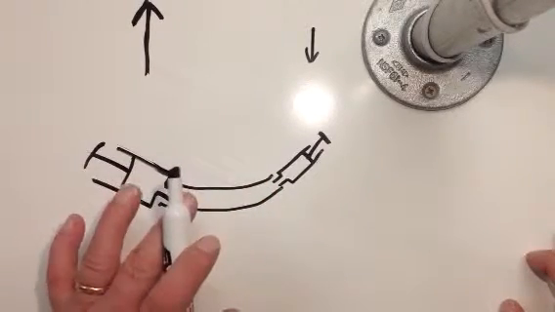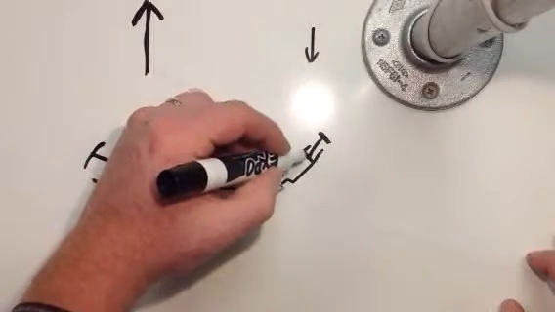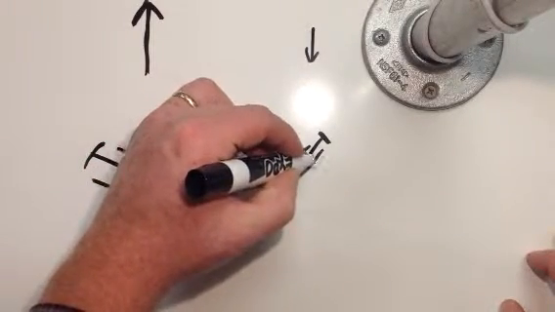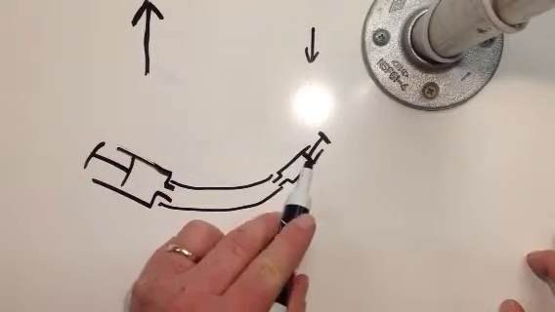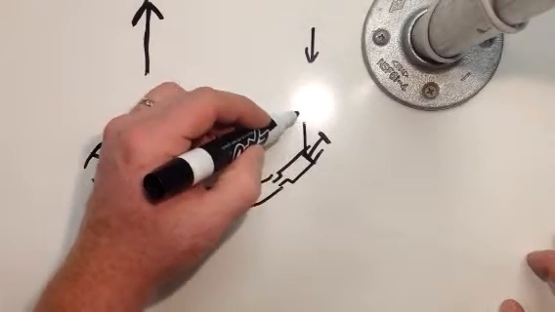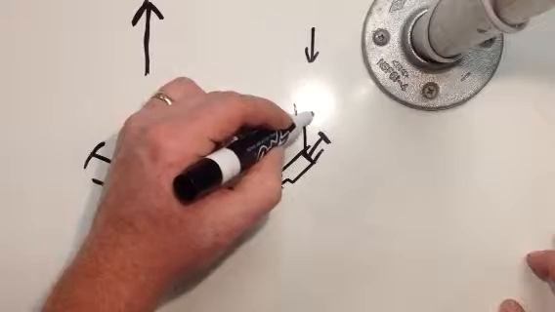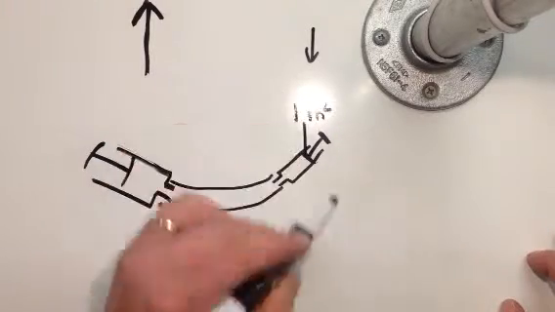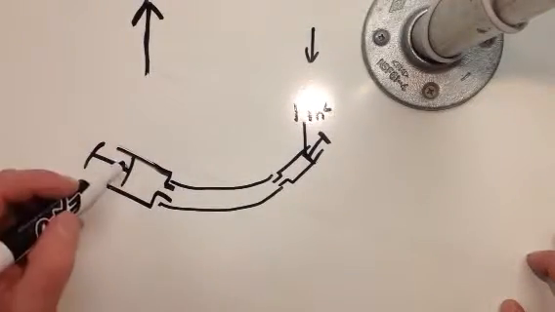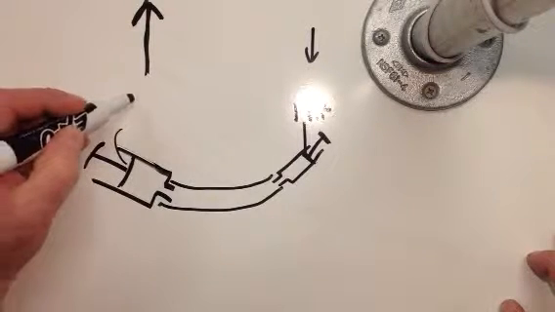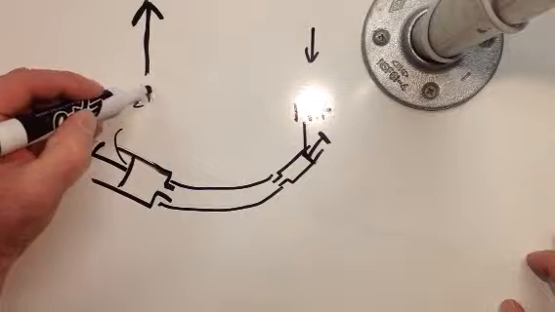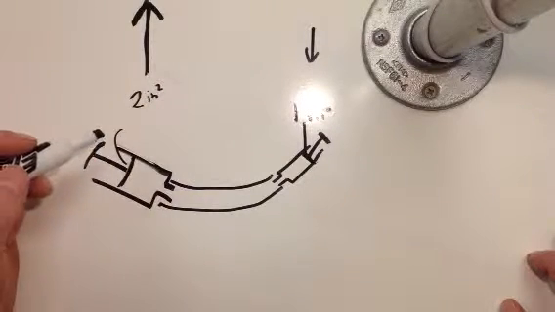Okay? Now let's just make some math easy. Let's pretend the area of the plunger on this syringe, this round part right there, is 1 square inch. Okay? Now this side, let's just make this one easy. Let's pretend this one here is 2 square inches. Okay?